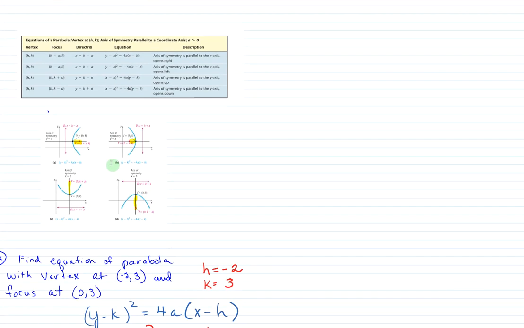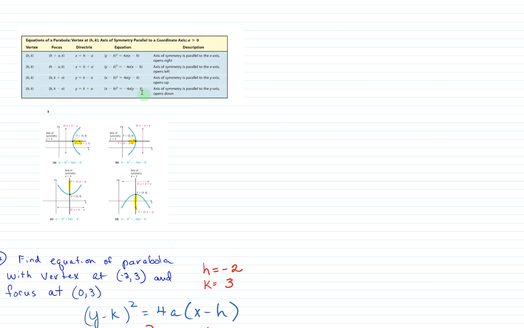The other sheet that you will have in your handouts is when your vertex is not at (0, 0), but rather at a point (h, k). That's much more confusing, I get that, but you're following the same kind of information. Just follow these equations here that will help you plug in what you need.